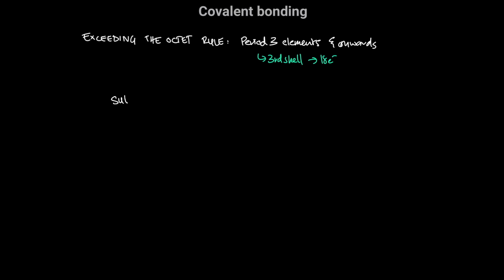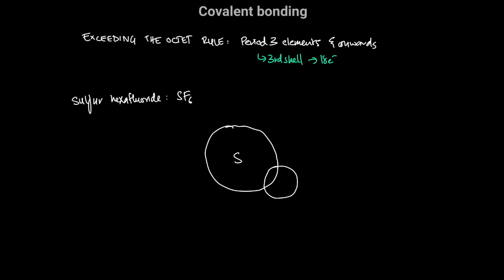Sulfur hexafluoride has the molecular formula SF6. If you look at the dot and cross diagram, we have the sulfur atom that's bonded to 6 fluorine atoms.